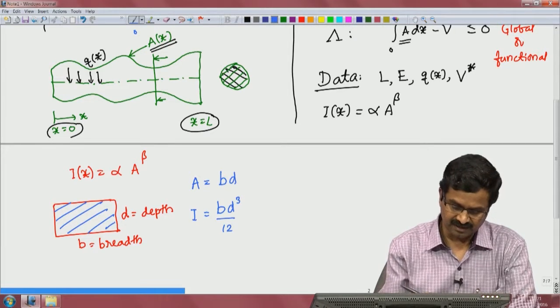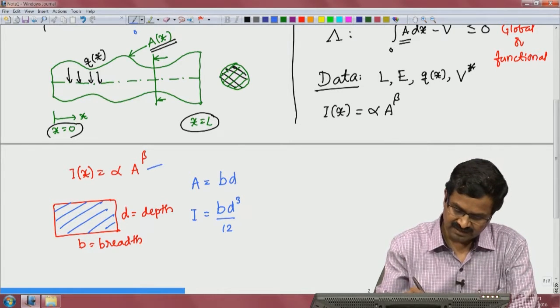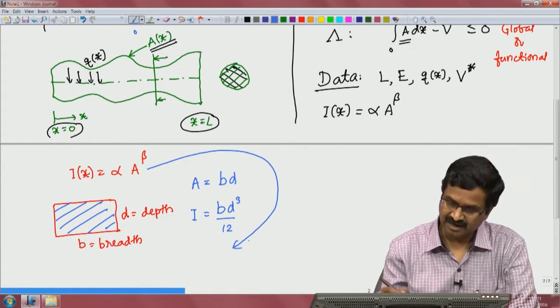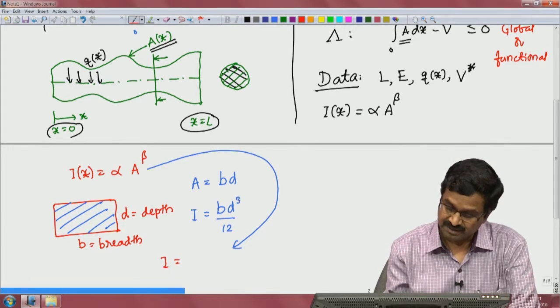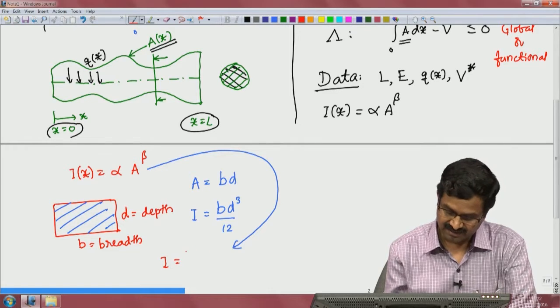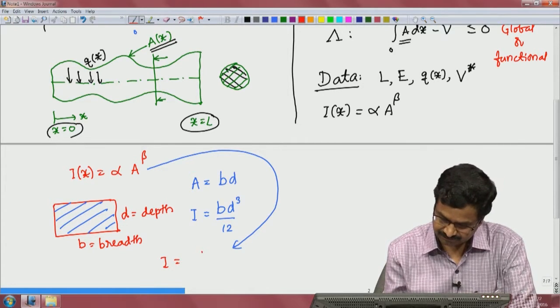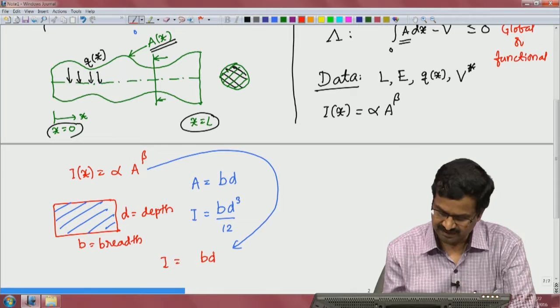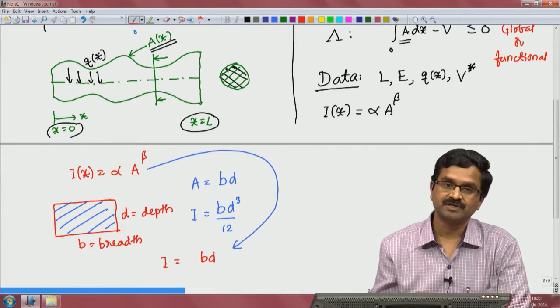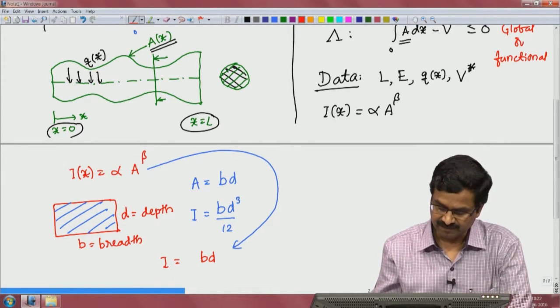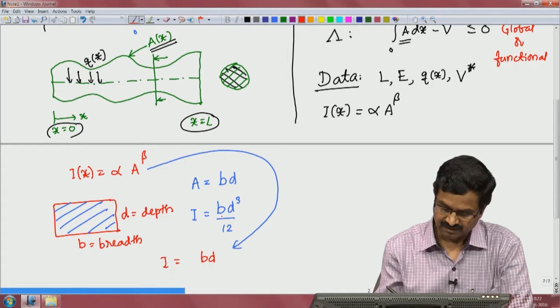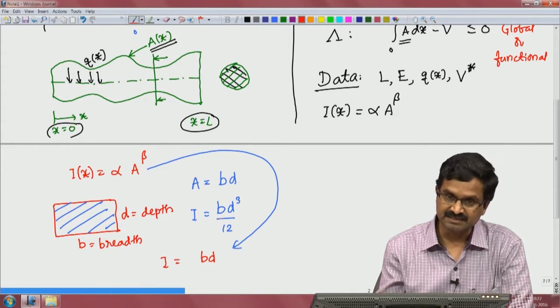Okay. So, here if I want to write in this fashion, we can, right. That is to say, in this case I, which is B d cube by 12, I can write as B d. Okay. It depends on what we assume as known, breadth or depth. To begin with, let us say that we assume that B is the variable, whereas d is taken.